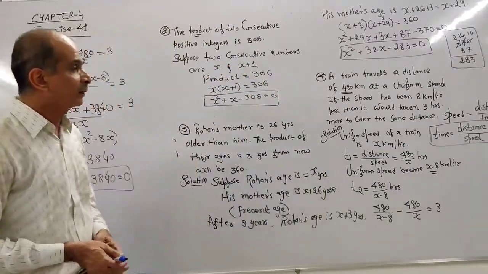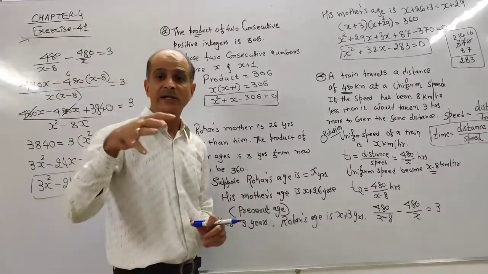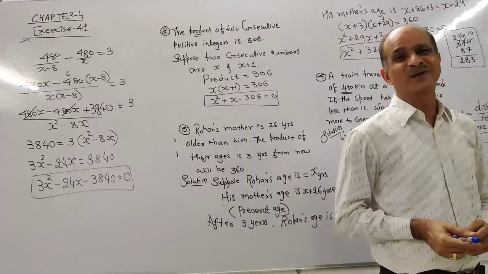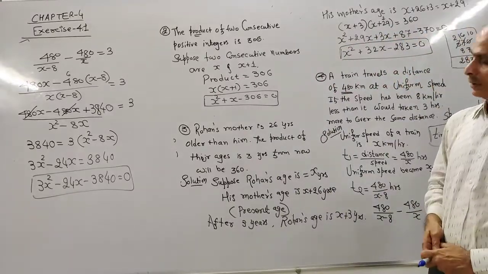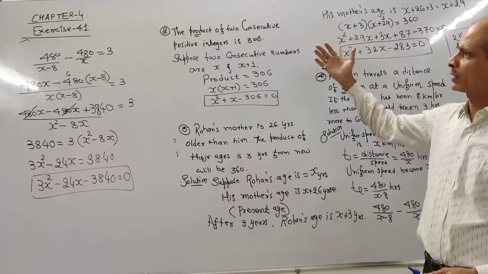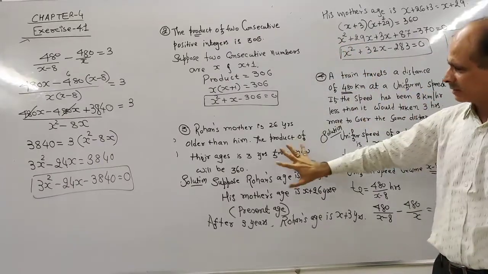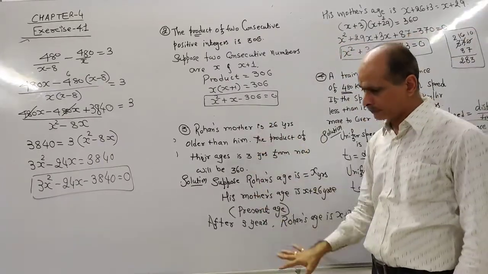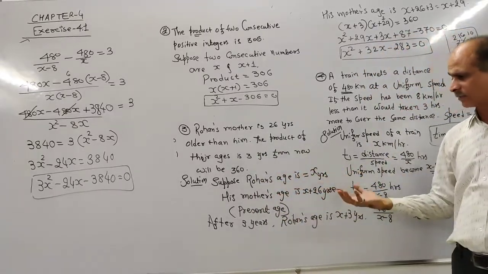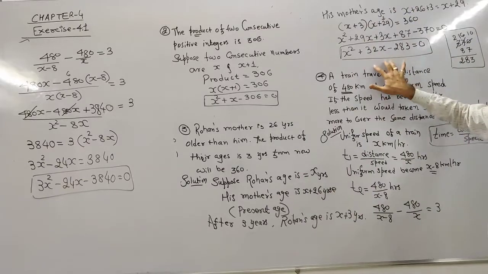First we solved an example related to the area of a rectangle, and you should know the formula, length into breadth. In the second example, we discussed consecutive numbers whose product is 306. Similarly, the third one is an age related problem, where the ages of Rohan and his mother are given, and you have to prepare a quadratic equation.